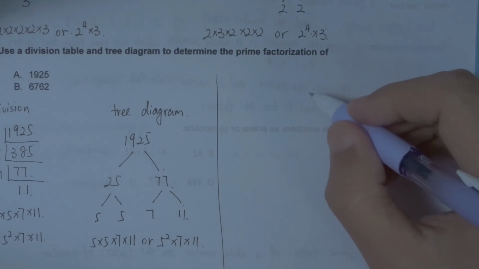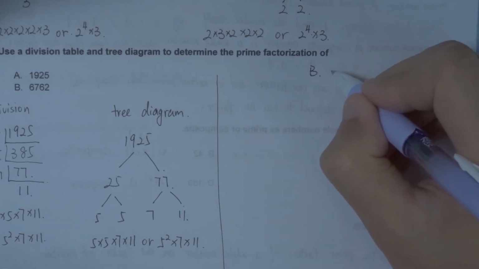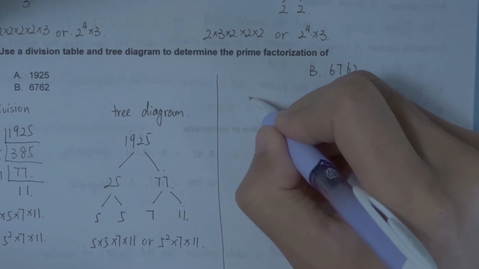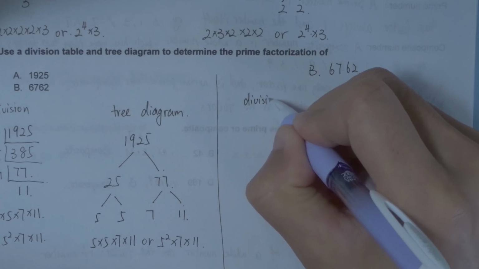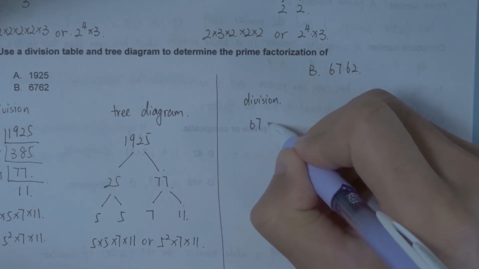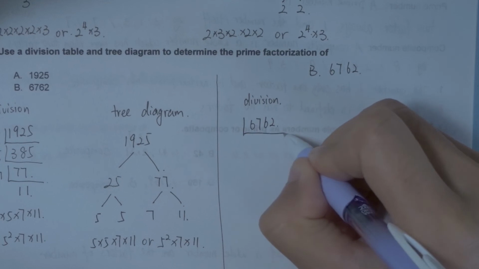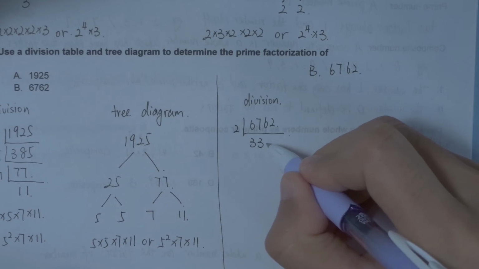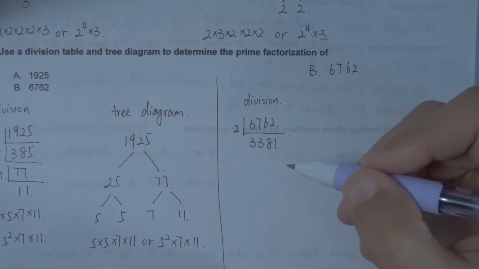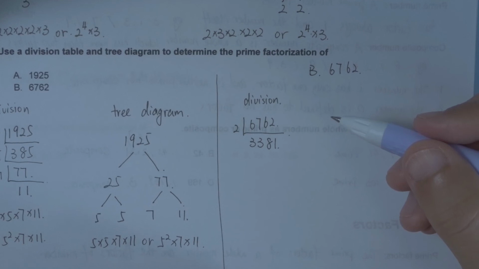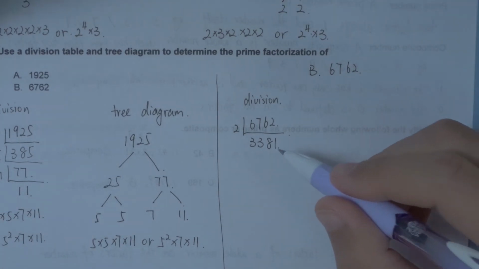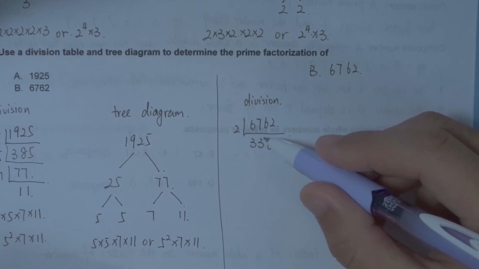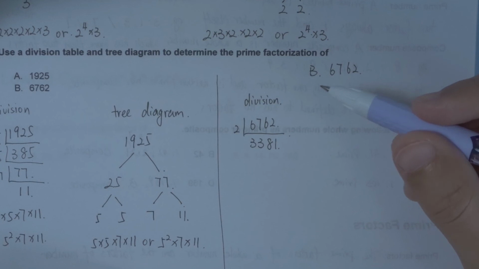Okay, and for B, 6,762. So division: we can try 2 because it's an even number, so it's 3,381. Based on the divisibility rules, if the sum of all the digits of a number is divisible by 3, the number is divisible by 3.